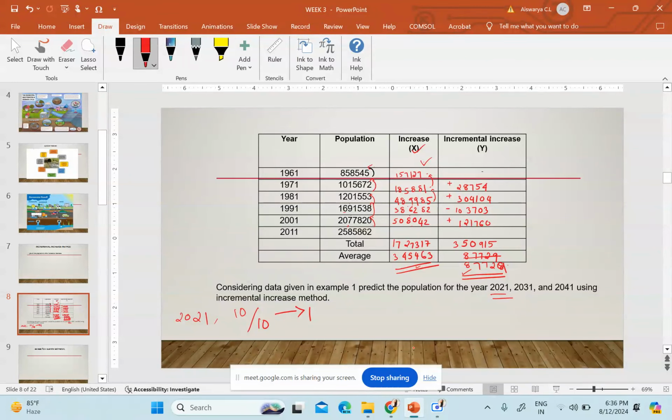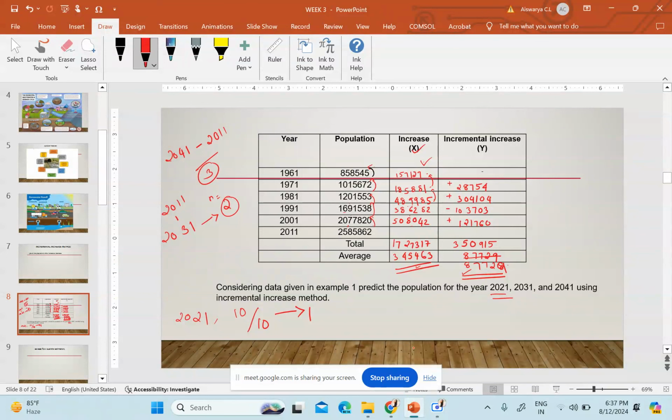For example, if you take 2031, what is the decade? When you consider 2011 to 2031, n equals 2. If it's 2041, then it is 3 decades.